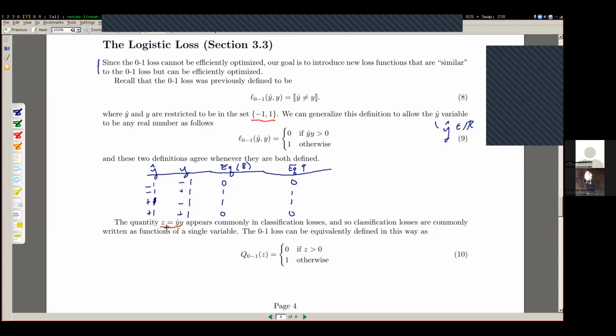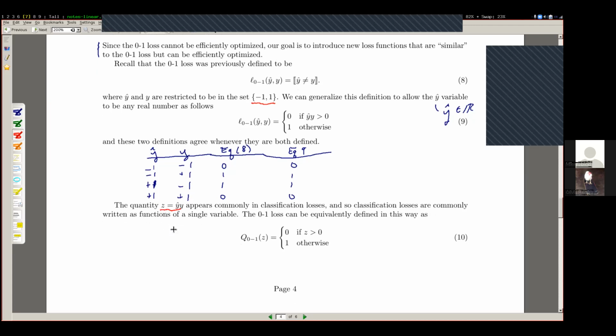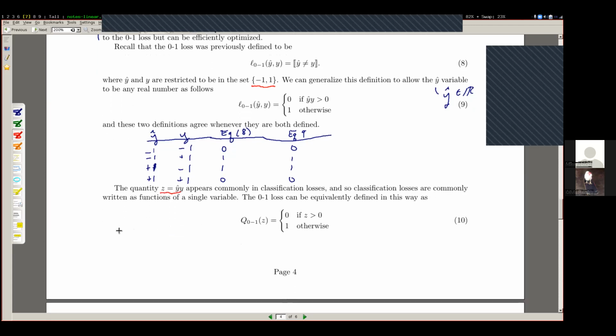Okay, one last comment about a little bit of intuition about this z variable right here. We talked previously about the margin of a classifier, that if we had some data points like this, and we drew a line separating them, then the distance between the separating hyperplane and the data point, we called that the margin.